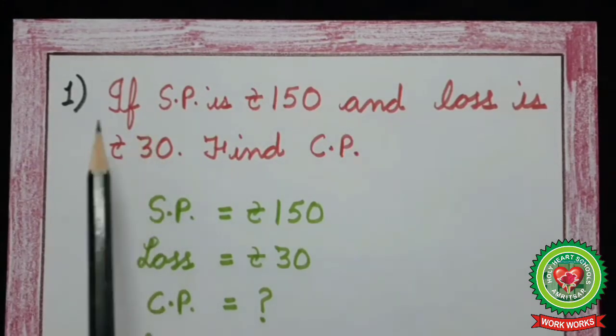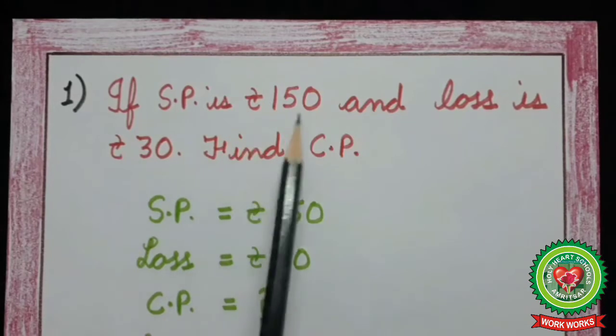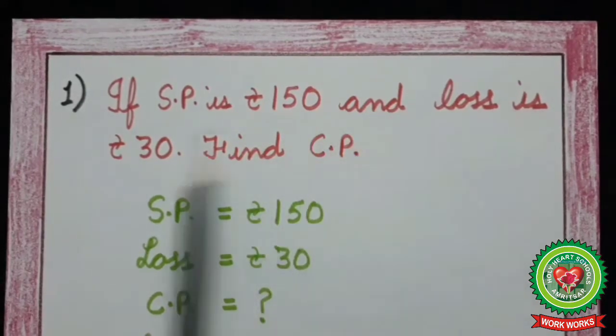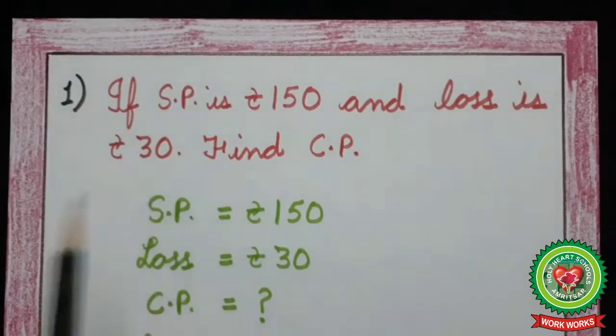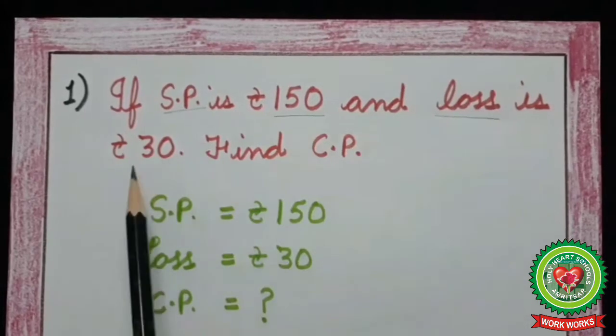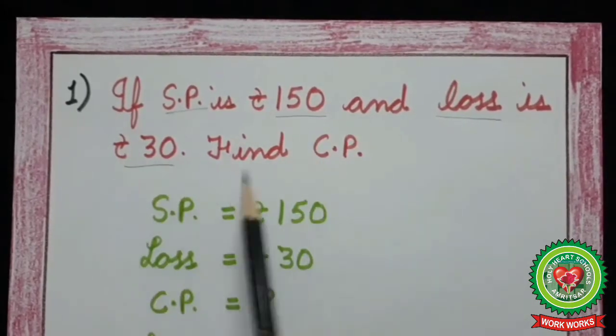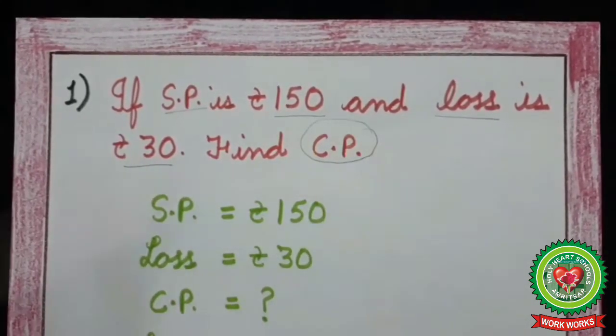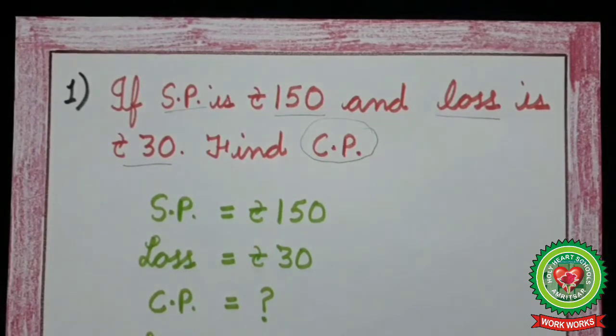Here the statement is, if SP is rupees 150 and loss is rupees 30, find CP. Here we have been given SP 150, loss rupees 30. We need to find CP. Students, in these types of questions, we either use the formula of profit or loss.